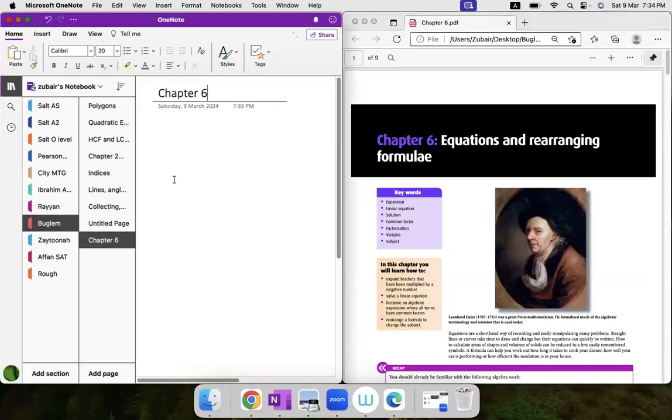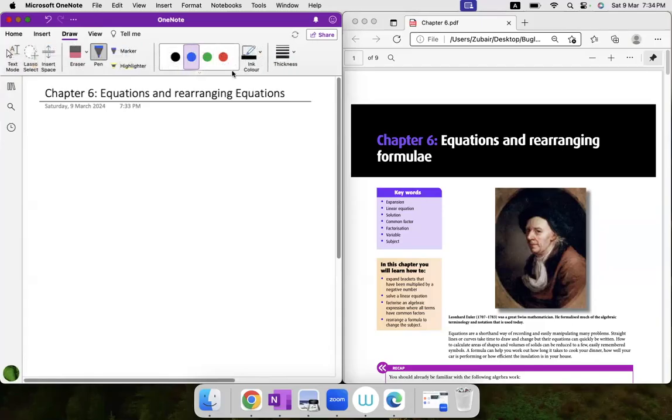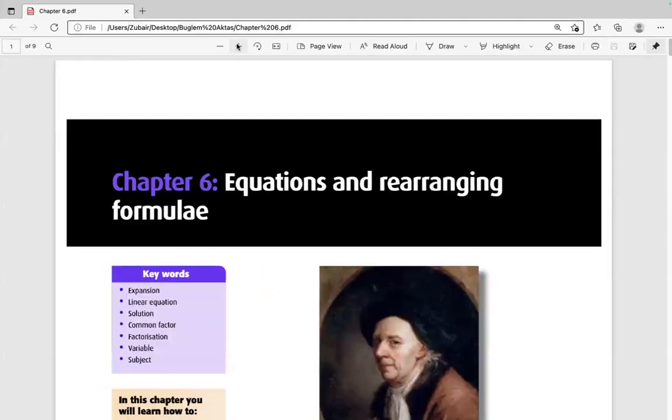Chapter 6 is about rearranging equations. Do you remember we had questions in previous years which ask to make a letter the subject of the formula?